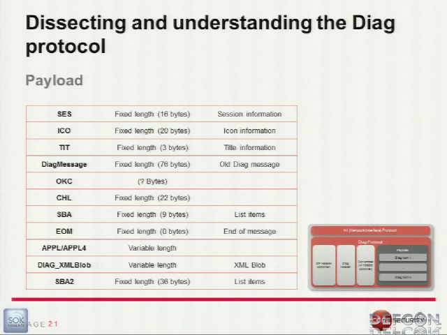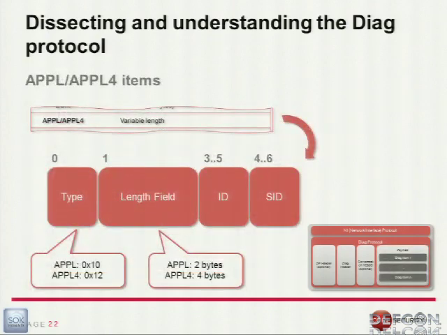Some of them carry information about the screen, about the connection, XML streams, etc. And we will be focusing on one of these items, which is the APPL or APPL4 item, which carries the most relevant information. Each one of these items also has its own header.